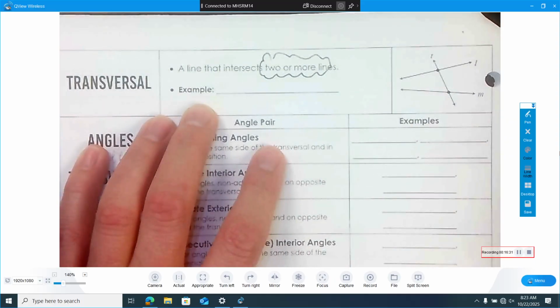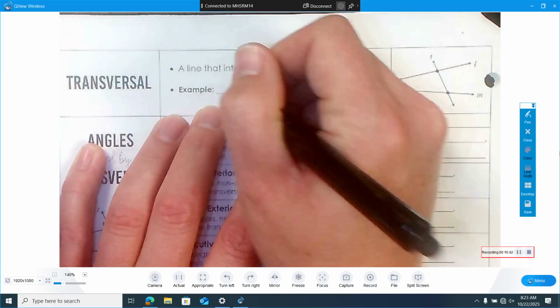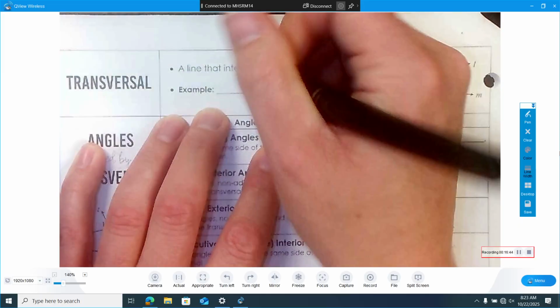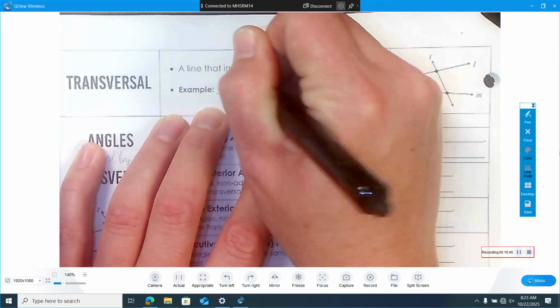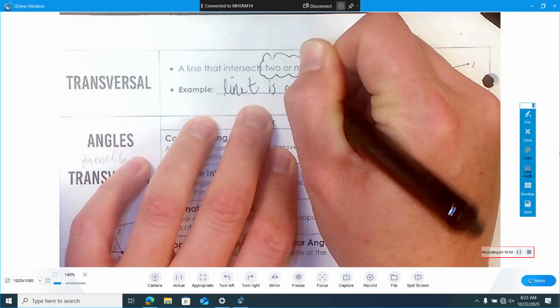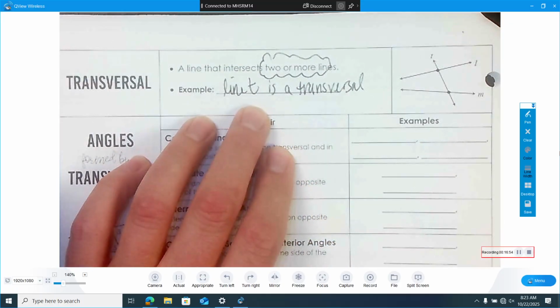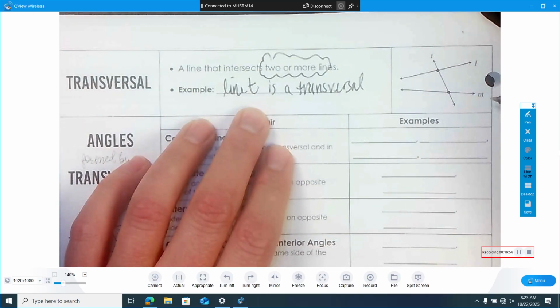So, for example, we have two lines here. Line T is crossing two lines L and M. So line T is a transversal because it's intersecting lines L and M.